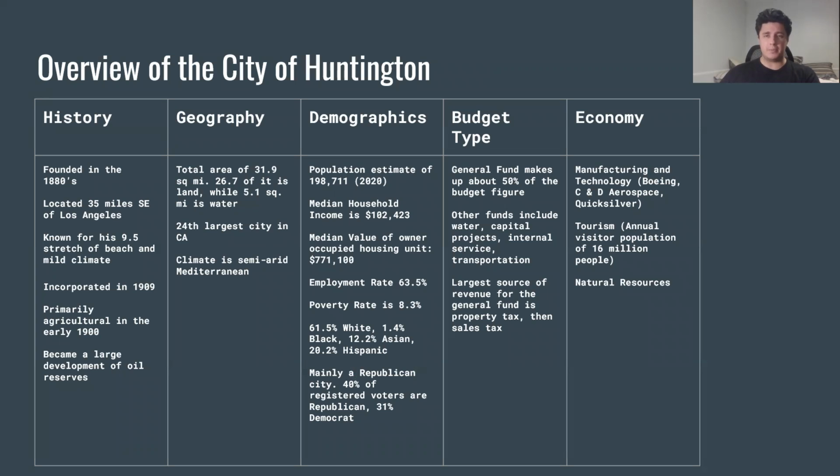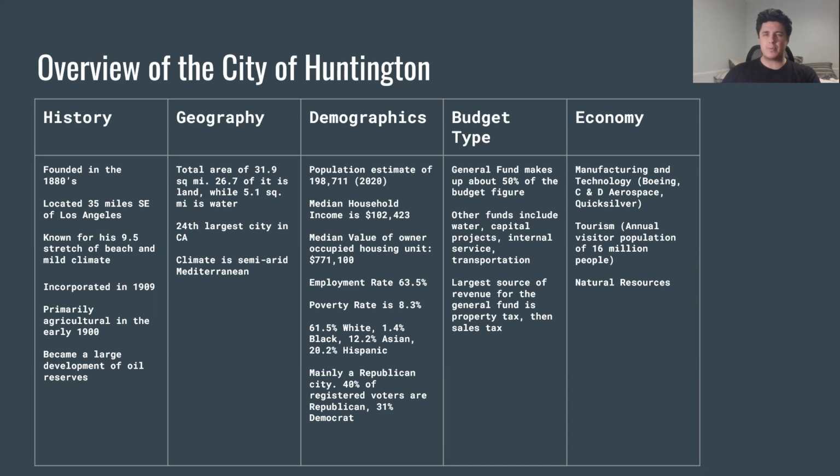The median household income is $102,423. The median value of homeowner occupied housing units is $771,100. The employment rate is 63.5, which is slightly above the average of California. The poverty rate is 8.3.